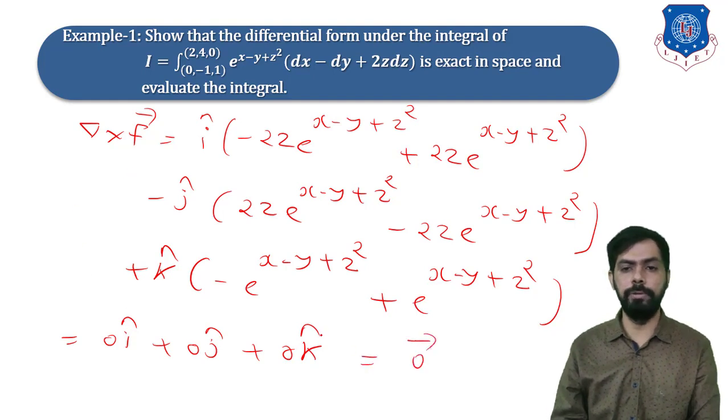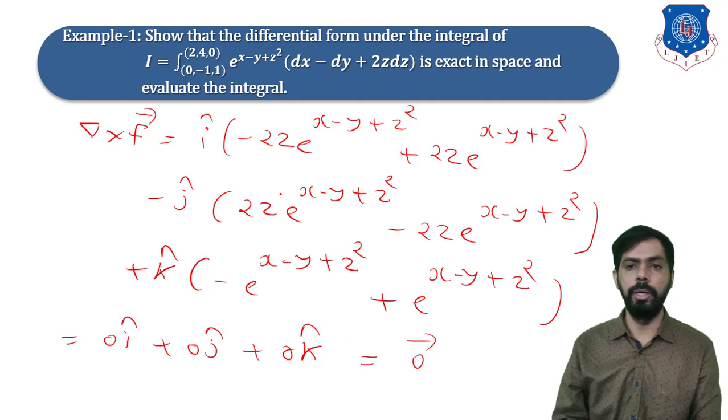Therefore curl of f is 0 vector, and if curl of f is 0 vector, then this differential form is said to be an exact differential form.